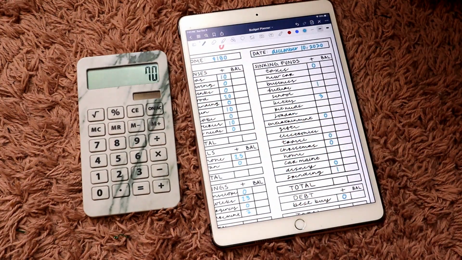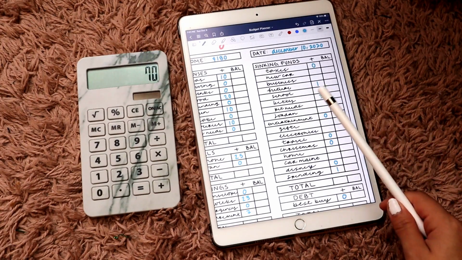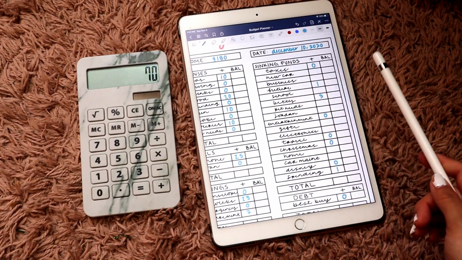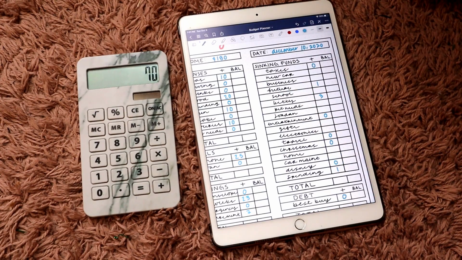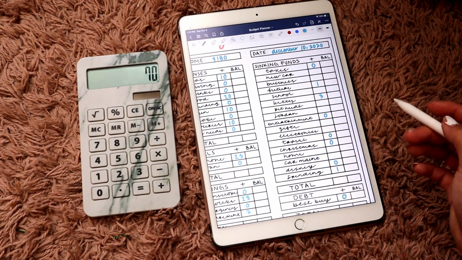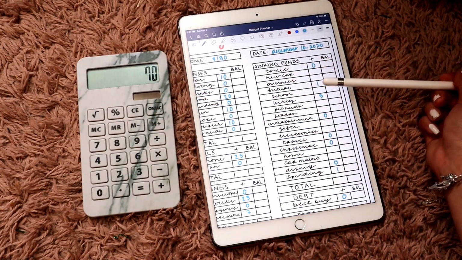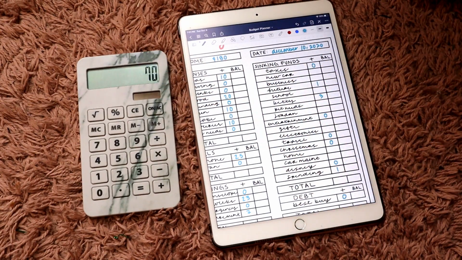So now we're at 70, which is an even number, and typically I like to keep it even. That way I don't have sinking funds where I have to put $8 or $7 or $9. If that makes sense, I like to, if I'm going to put more ones, like I want it to be 5. I don't know if that makes sense. Hopefully it does.